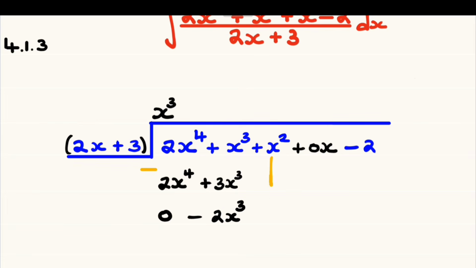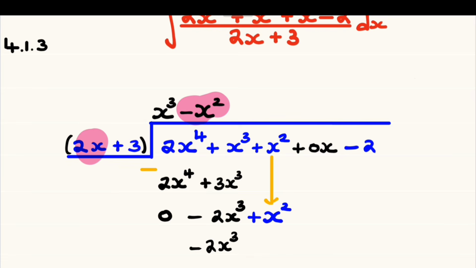Now we bring down the x squared. We bring it with its sign, so we have positive x squared. So now negative 2x cubed divided by that 2x will be equal to negative x squared. We take this negative x squared, we multiply it with the 2x plus 3. So 2x multiplied by negative x squared will be equal to negative 2x cubed.